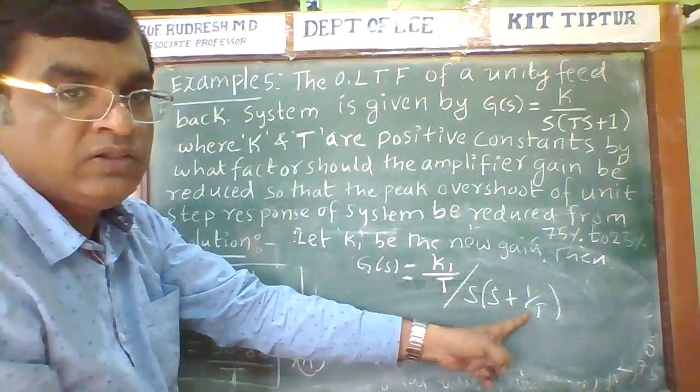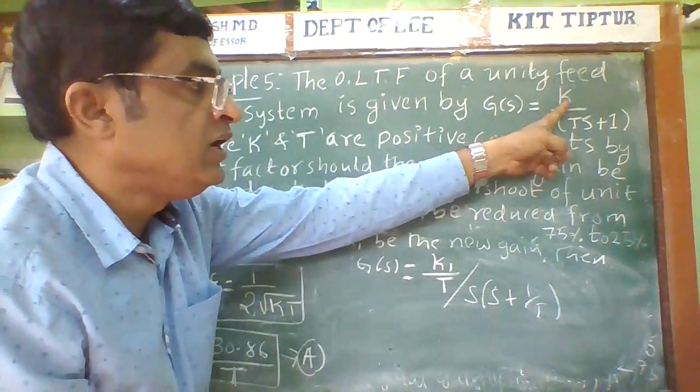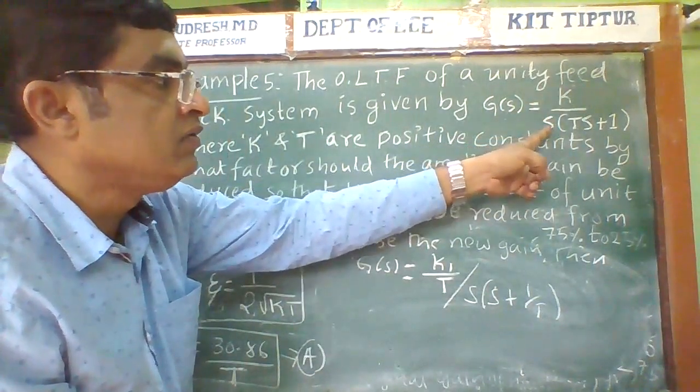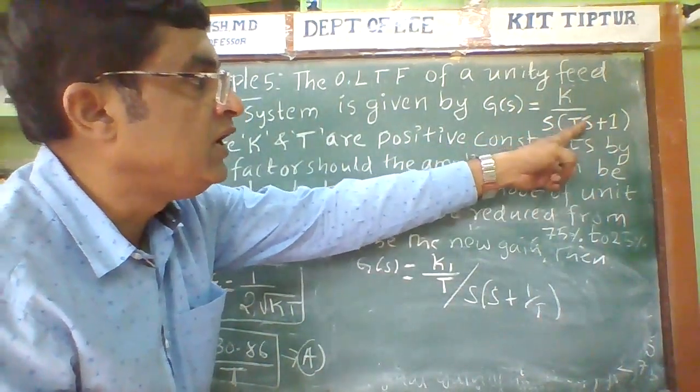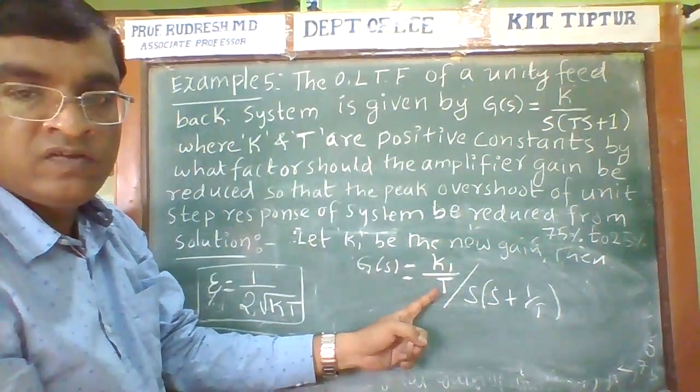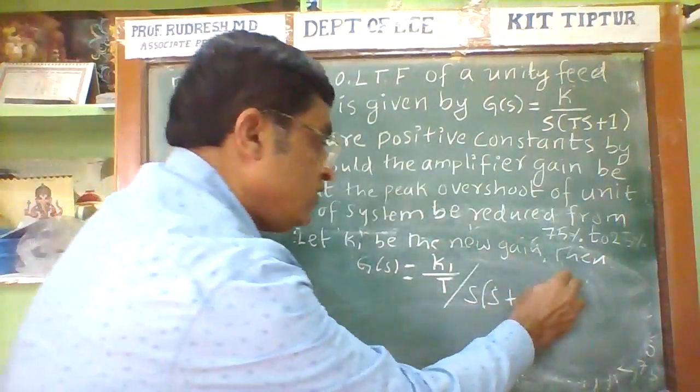Simplified version I have written. So K1, you have to write down K1, then S into TS plus 1. If we take the T outside, then this is the relation. Now this is equation 1.